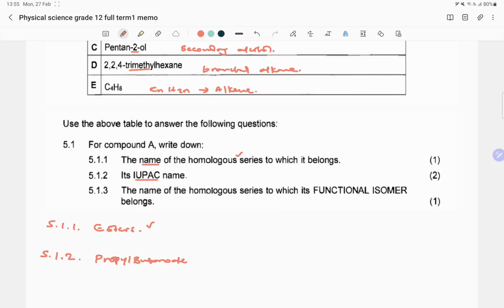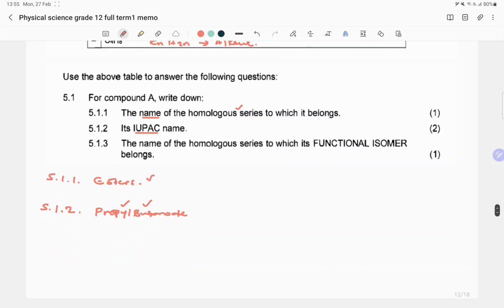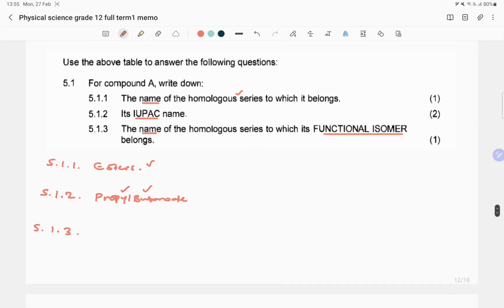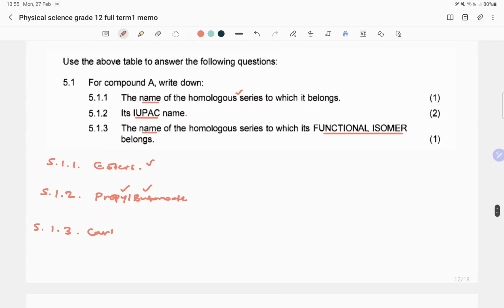Propyl butanoate. Okay, you're getting 2 marks for each of those. So 5.1.3, it says now name of the homologous series to which its functional isomer belongs. Remember, esters have functional isomers in carboxylic acids. So this is carboxylic acids.